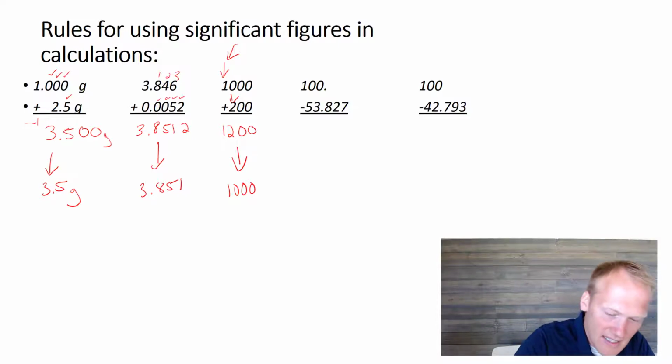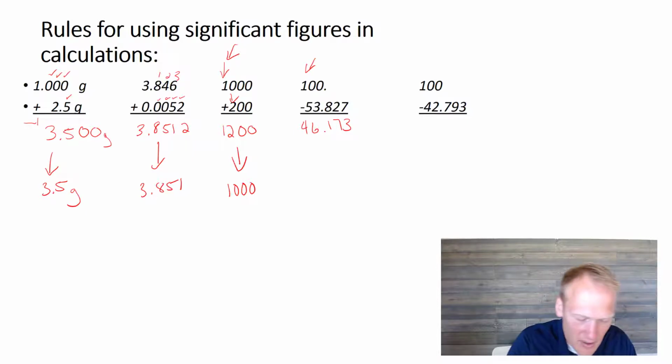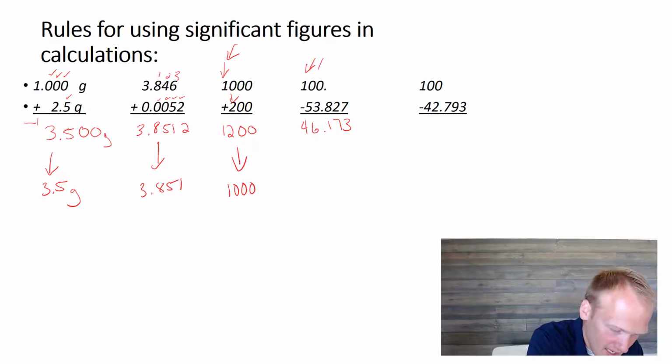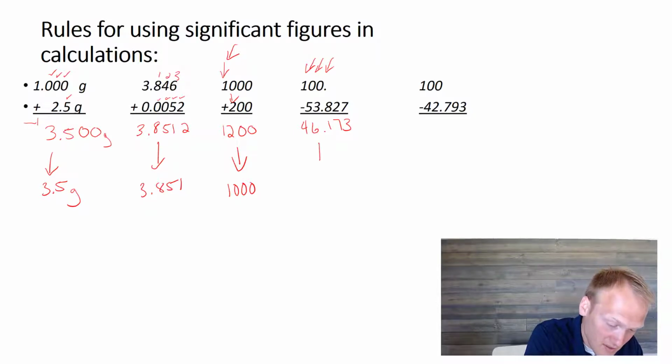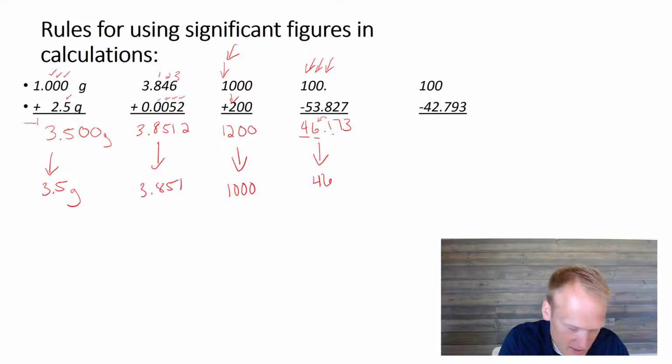So we do this next problem here. We'd get an answer of 46.173. But this number is the least precise because it has 0 digits past the decimal, which means our answer should have 0 digits past the decimal, which means this one, we'd look to see if it rounds up. It will not, so this number would just round to 46.